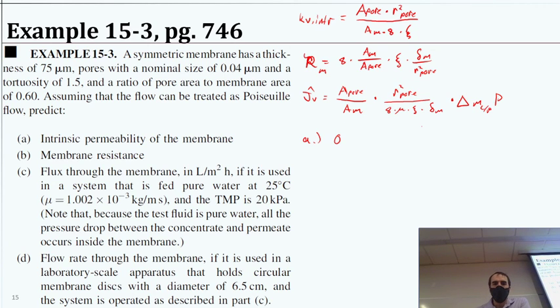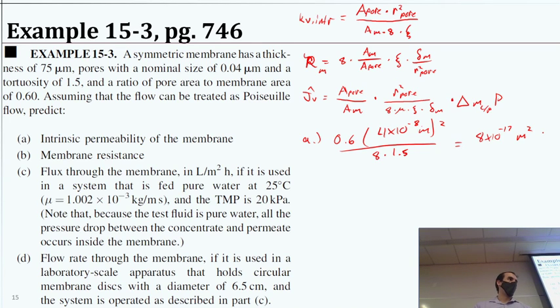Okay, so 0.6 times 4 times 10 to the minus 8 meters, all that squared, divided by 8 times 1.5. And that should give us a value for the intrinsic permeability of a very small number, 8 times 10 to the minus 17th. And this is going to be in meters squared.